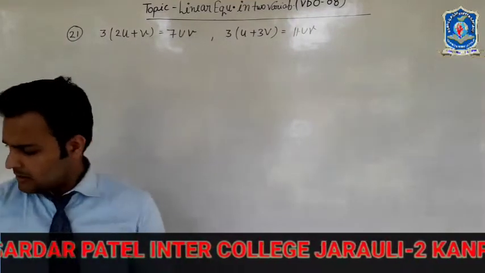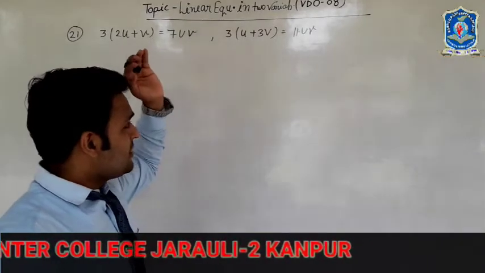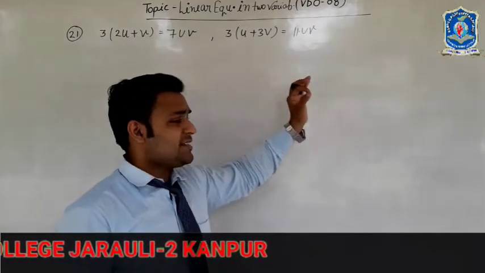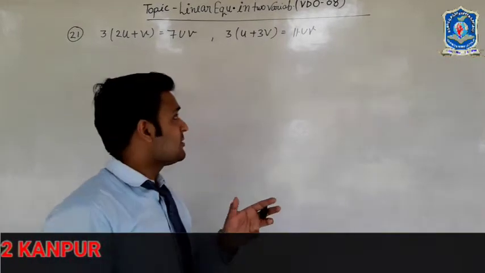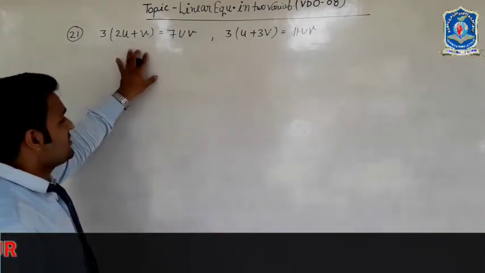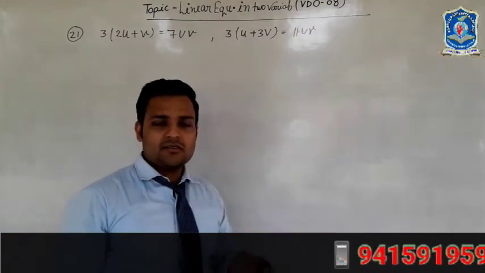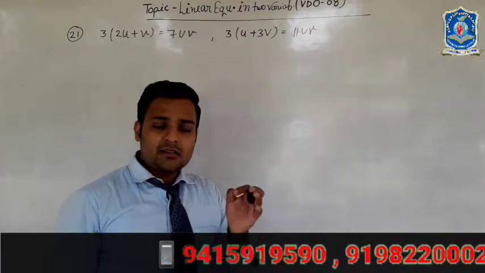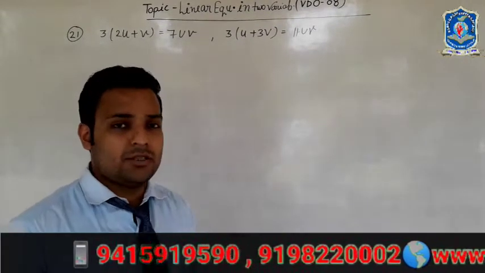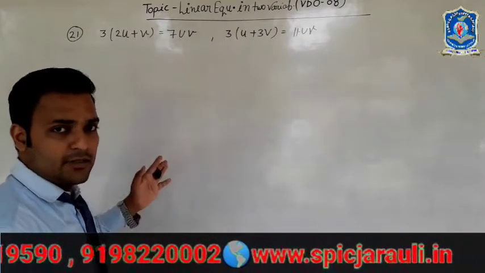Okay students, the question is similar to question number 20, but the type of question is different in your exercise. So please put your mind attentively into the question and solve it. You can solve it, it's not so difficult.